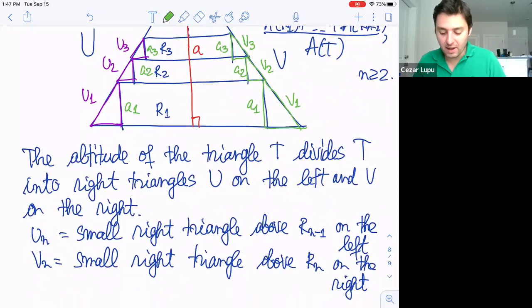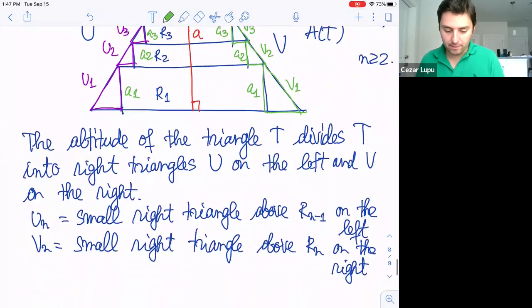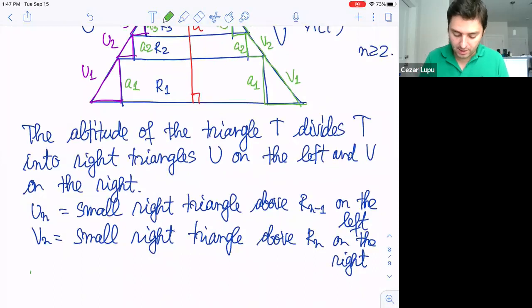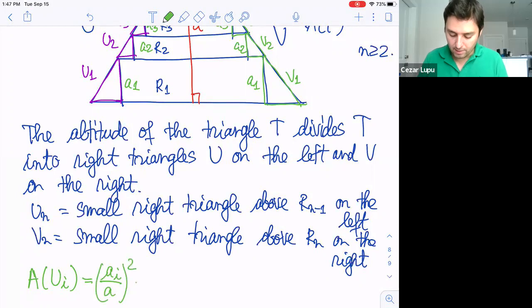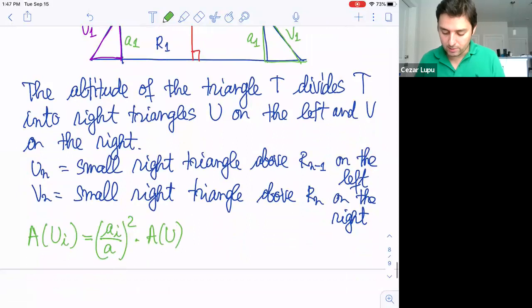Now, let's see. Is there a way to express the area, and I'll leave it to you as an exercise, the area of any Ui or any Vi is (Ai over A) everything squared, times A of U. And the same goes for Vi. I would like to explain this a bit.